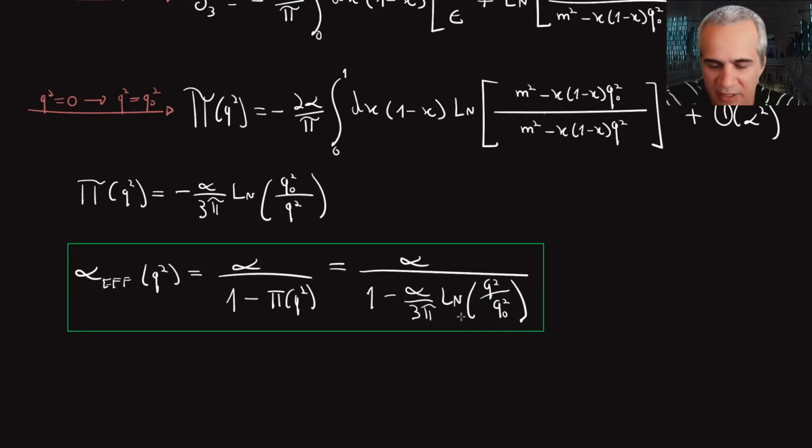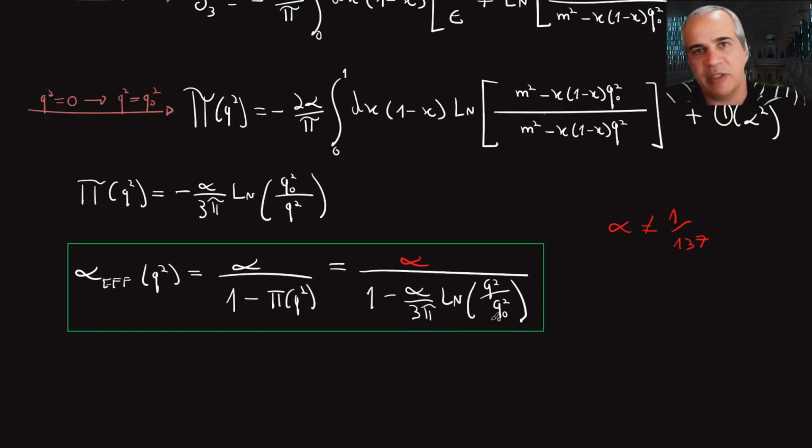Because what's happening is that this guy is now different from 1 over 137. Of course, the physics should be independent of the choice in Q naught. And that means that if you choose higher and higher reference points, you could use the expression at lower reference points to calculate how much this guy needs to be there in order to have the same physics.